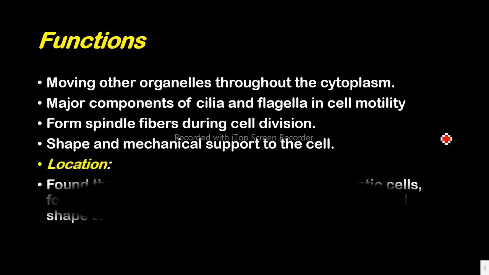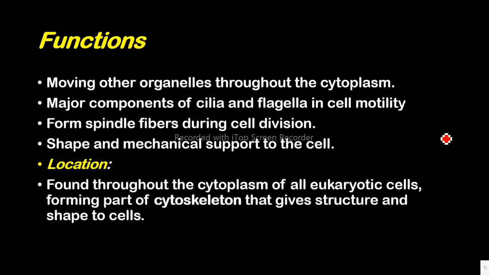And where do you expect to find it? Found throughout the cytoplasm of all eukaryotic cells, and they form part of the cytoskeleton that gives rise to structure and shape of the cells. Is that okay to everyone? Anita and Edwin? Is that okay?